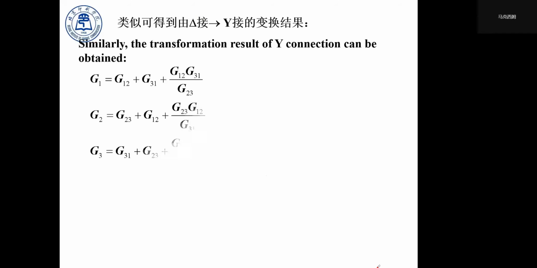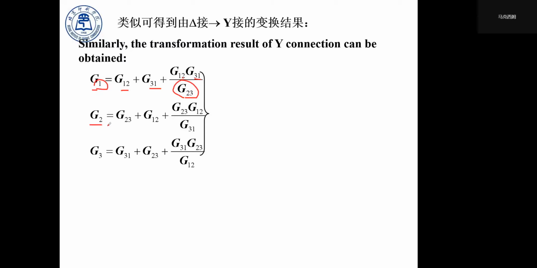Also, we can have the result from a delta-shaped network to a Y-shaped network. So the Y connection can be obtained from the delta connection. Still, we have similar stuff. G1 equals G12, G31, over the sum, and this one, G23, doesn't contain number 1 at the very bottom and appears only once.